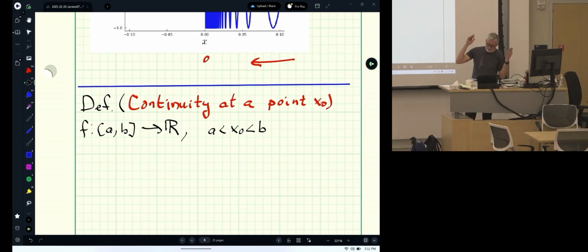We'll talk about how you handle endpoints, but it's not very hard either. So X0 is between the two endpoints. F takes AB to R, X0 between the two endpoints is continuous at X0.